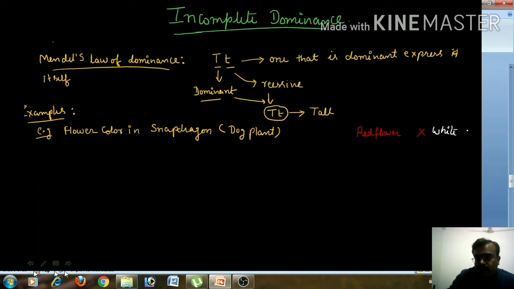Okay? One is red and the other is white. Now the red has genotype capital R, capital R. It was considered dominant. And the white has small r, small r. This is the genotype.